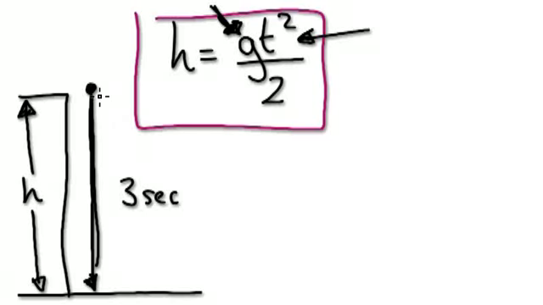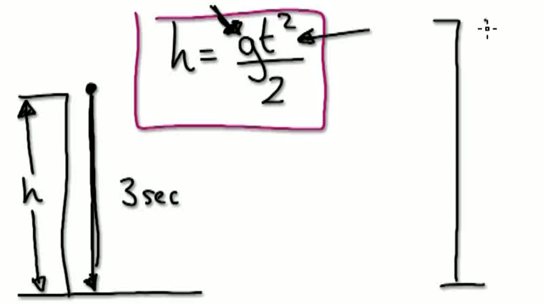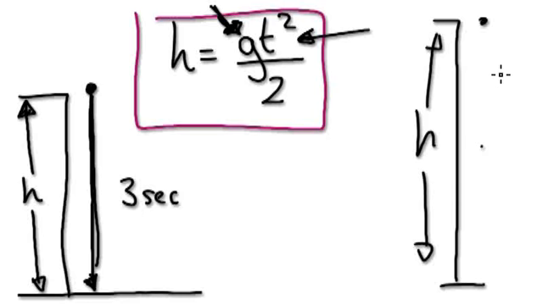Okay. Now suppose you have a different building. Suppose you're at a higher building here. You happen to know the height of the building. Now you want to know how long it would take for the cannonball to hit the ground. So from this very same formula here, you can rearrange it to make T the subject.